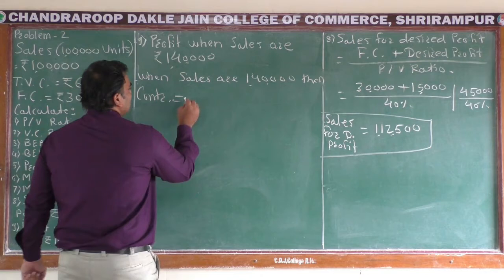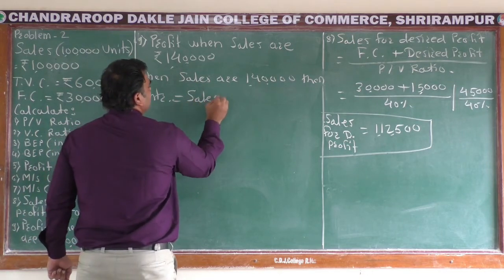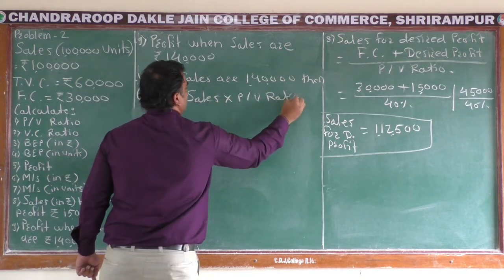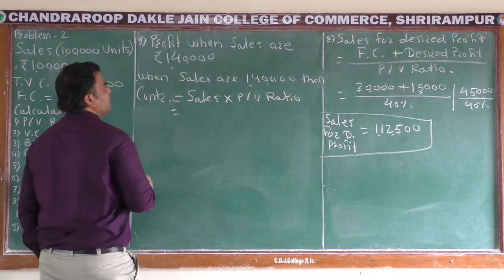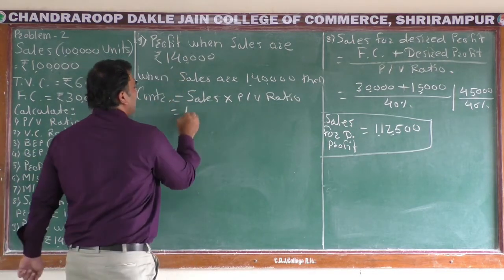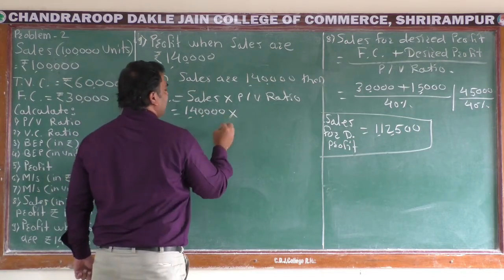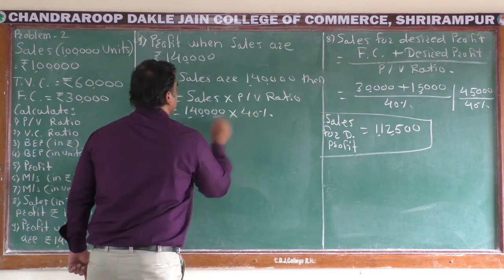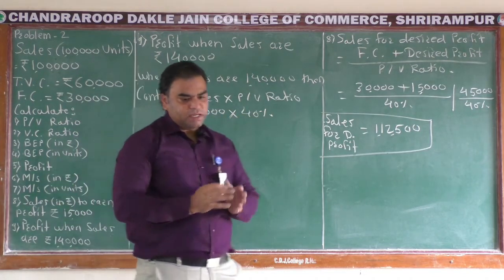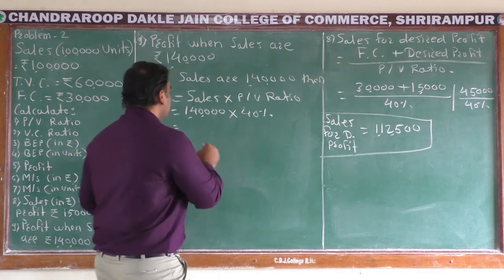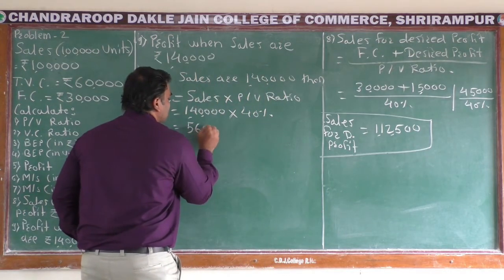So sales into PV ratio is equal to the amount of contribution. Here sales are 1,40,000. So 1,40,000 into 40% is equal to 56,000.